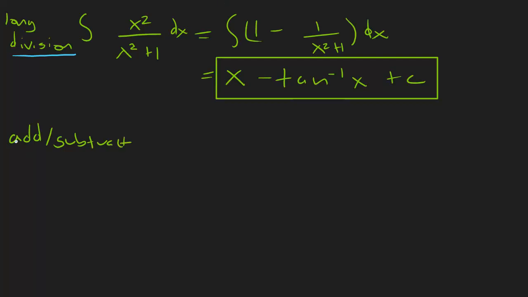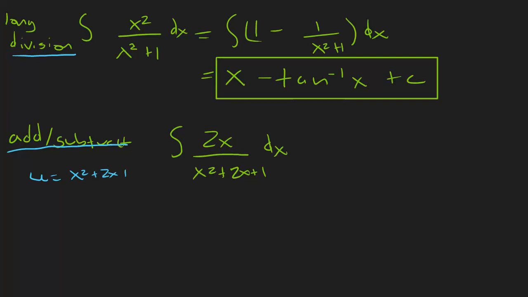It means, for example, if I have the integral of 2x divided by x squared plus 2x plus 1 dx, one thing that I notice is that if you use u substitution, you would end up with u as x squared plus 2x plus 1, but du is 2x plus 2. So that means that I need a 2 there. How do I do that? I add 2 and subtract 2.